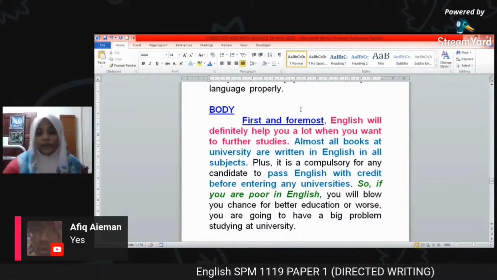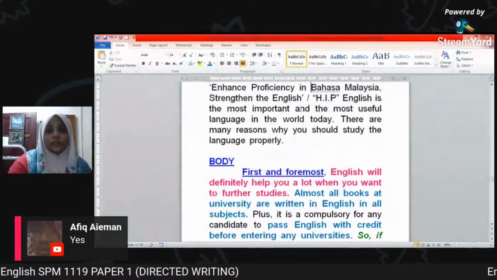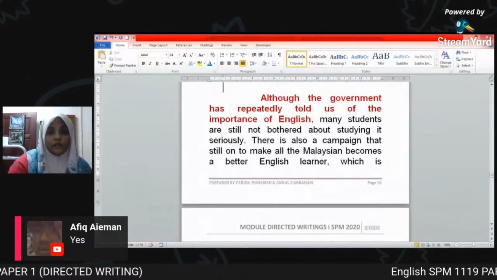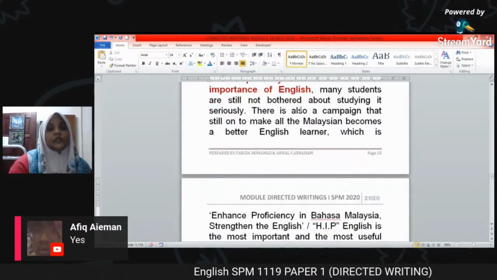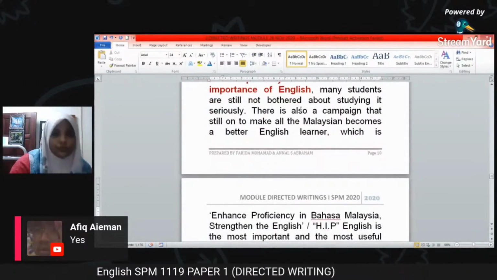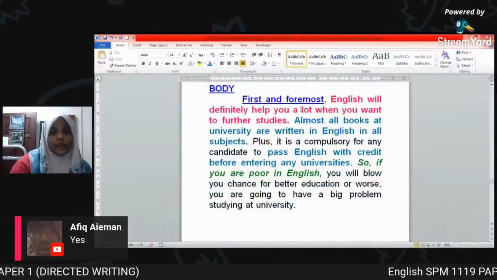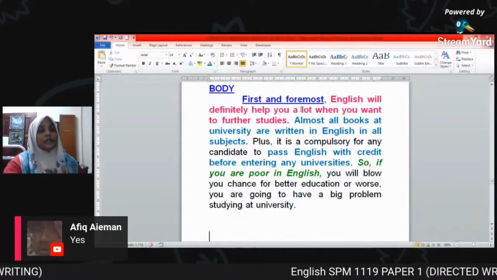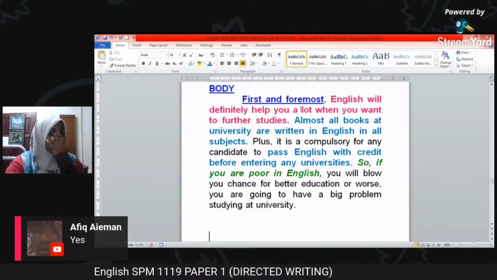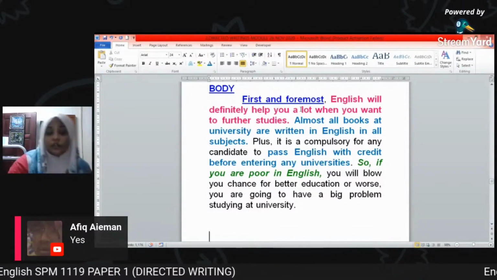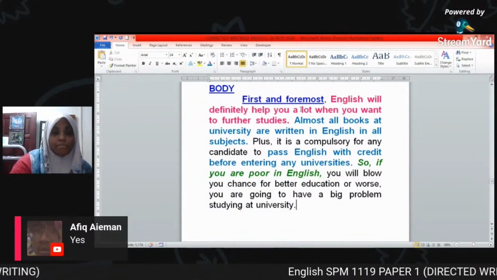We have done that earlier, but we put another paragraph over here to highlight the issue of studying the language. And even the government has taken a lot of effort to improve the proficiency of the language among students nationwide, yeah.